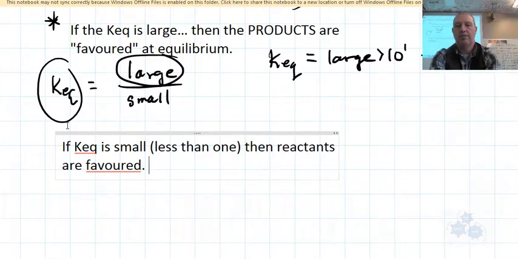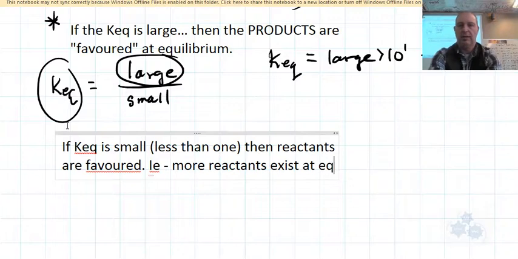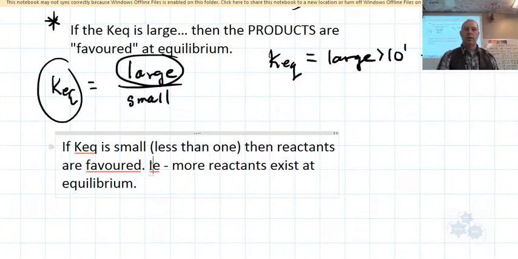In other words, more reactants exist at equilibrium.